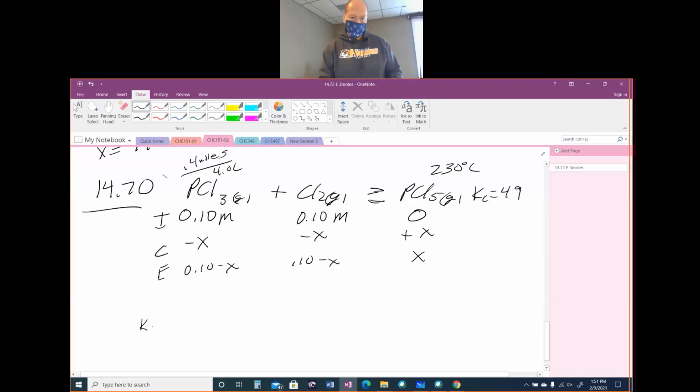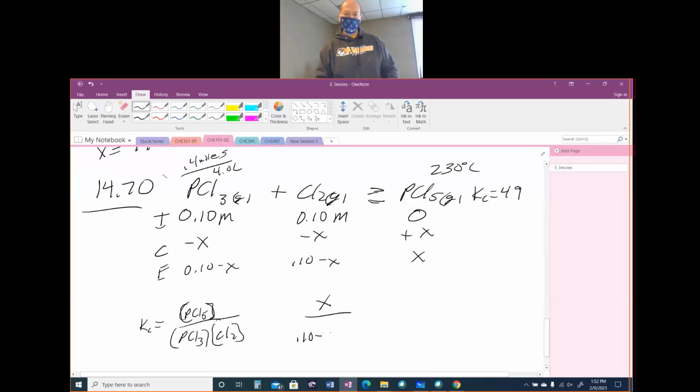Your expression for Kc: your PCl5, PCl3, and Cl2. All right, and so now we put in our numbers at equilibrium, and they are x, the amount for PCl5, 0.1 minus x for PCl3, 0.1 minus x for Cl2 equals 49.